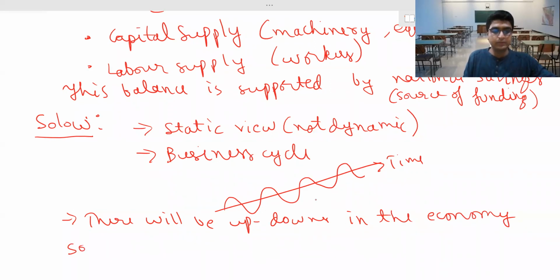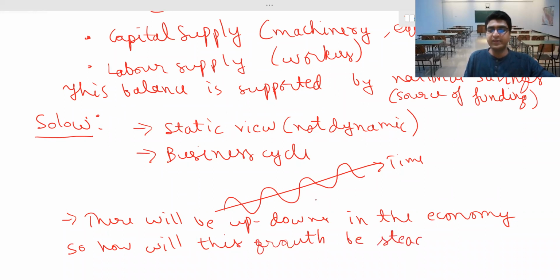So how will this growth be steady? Even if this equation holds for some time, it cannot remain steady.